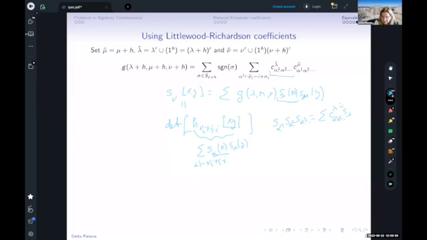We can iterate the Littlewood-Richardson rule over and over, so these are still very combinatorial. But what's the problem? The Jacobi-Trudi determinant is a signed sum, so we get a signed sum of things. For combinatorial interpretation this is not very useful, but for proving identities, this happens to be useful.